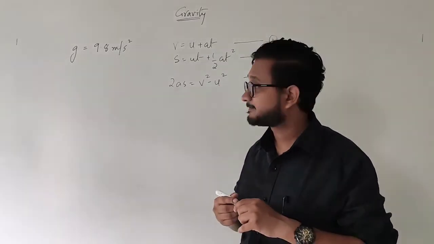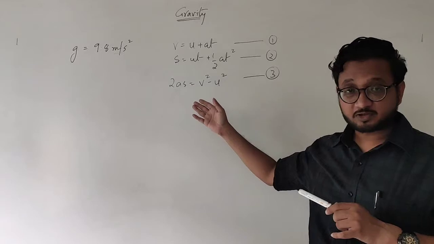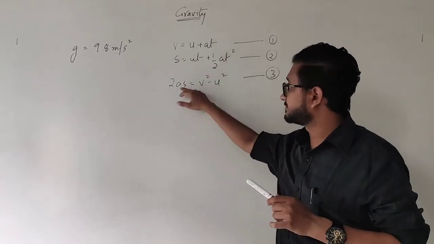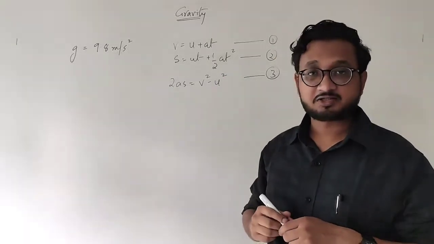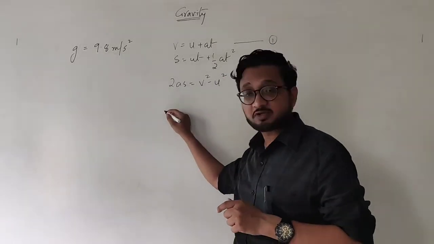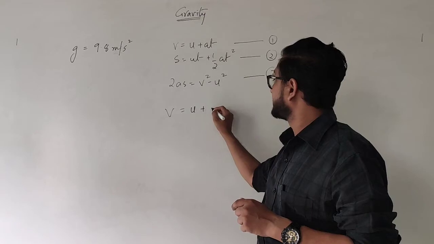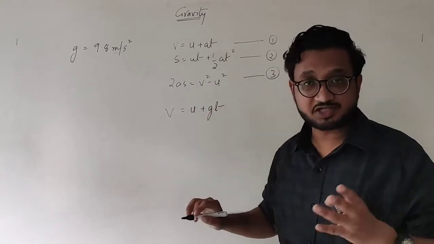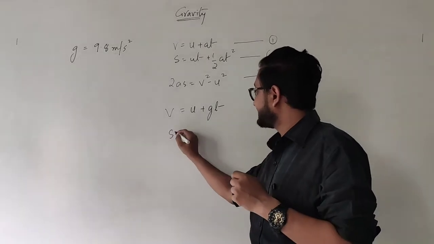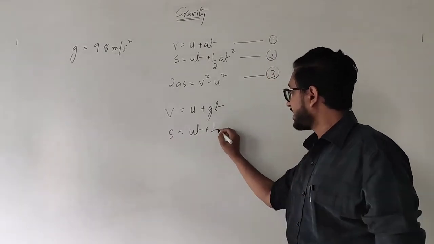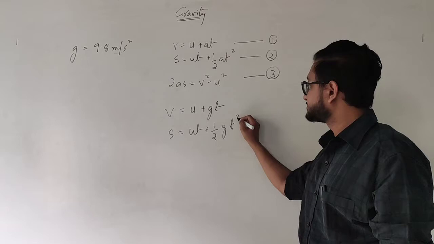Now in all these equations we have acceleration, and if the object is free falling, these equations are transformed. The first equation becomes v is equal to u plus gt, because g is once again acceleration, just because of gravity. Then s is equal to ut plus half gt square.